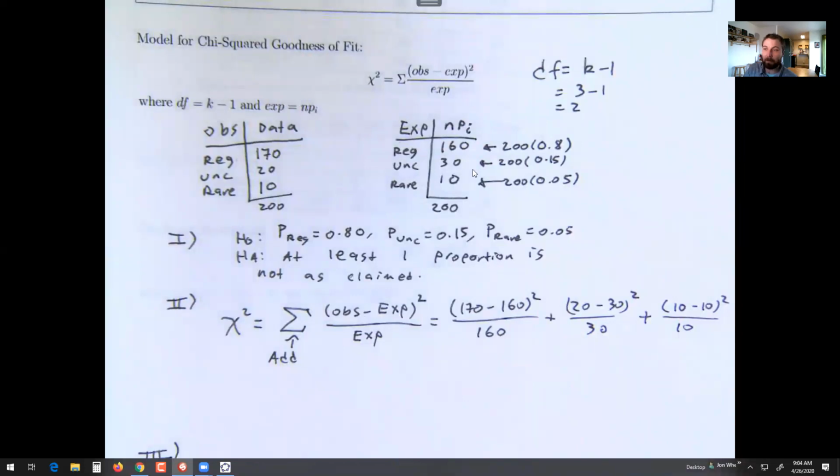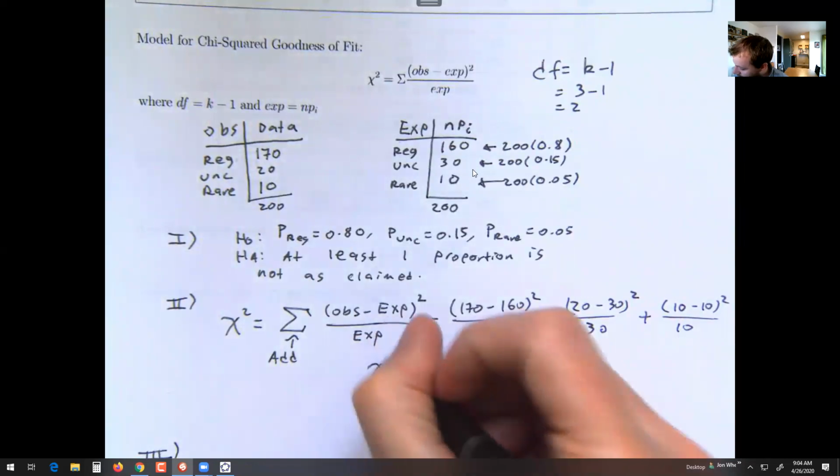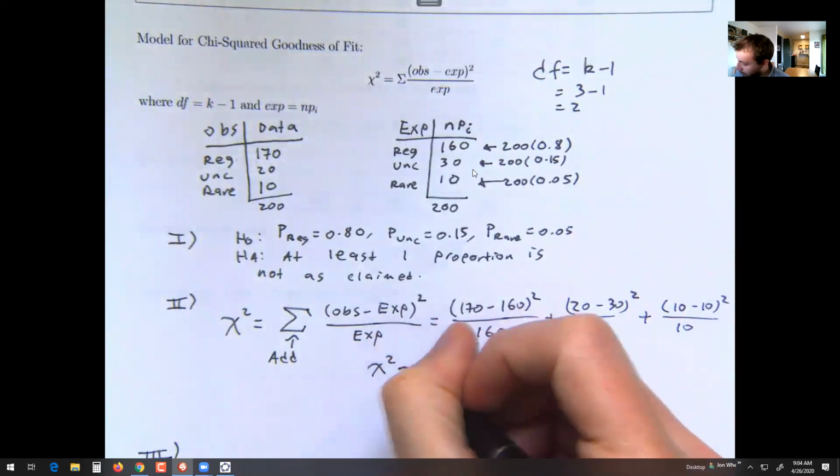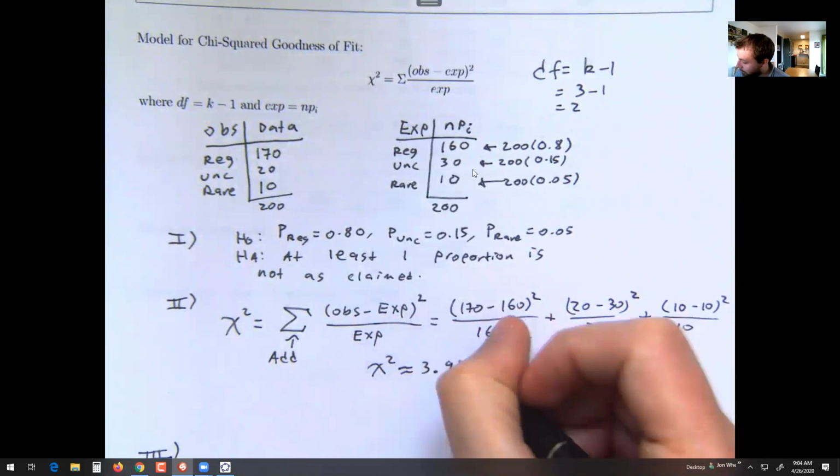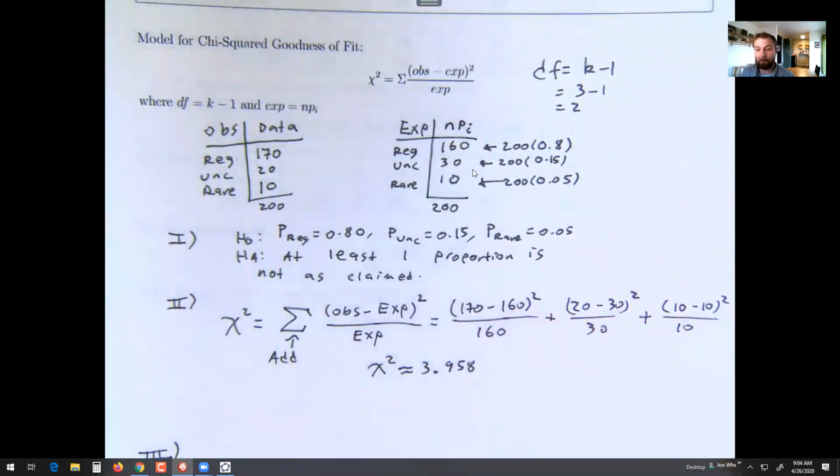I'm going to type this into my calculator and see what I end up getting. I end up getting a chi-squared value of something like 3.958 or so.